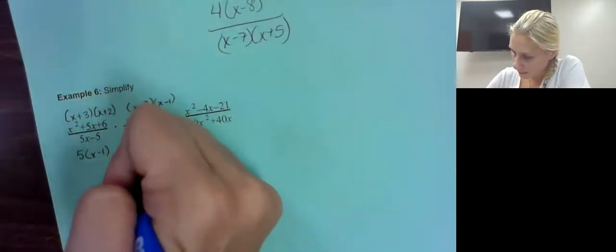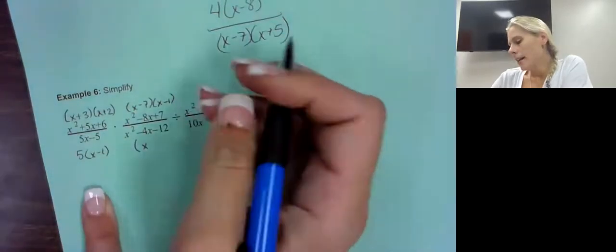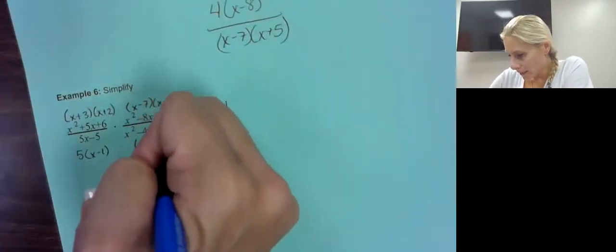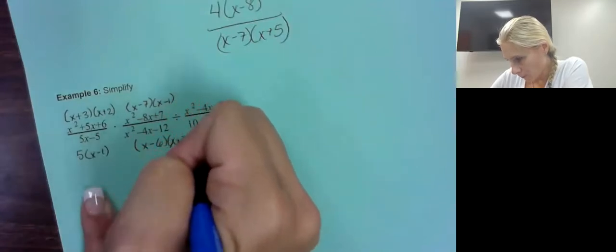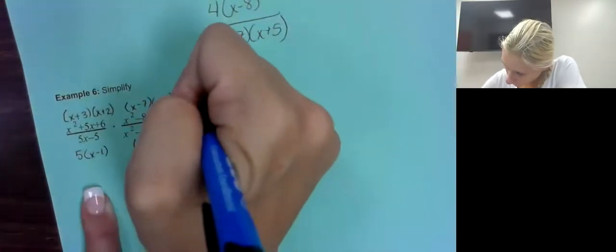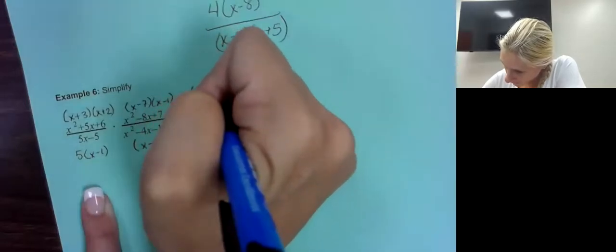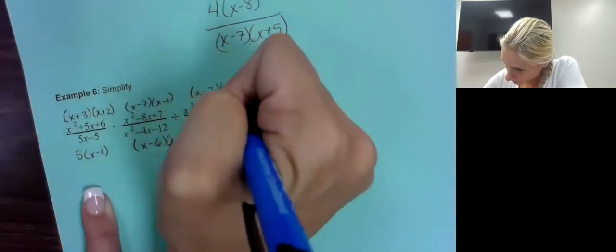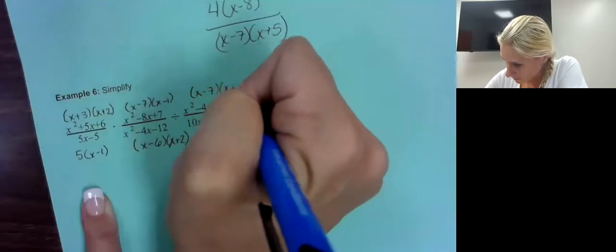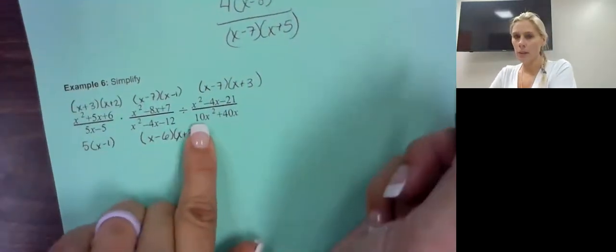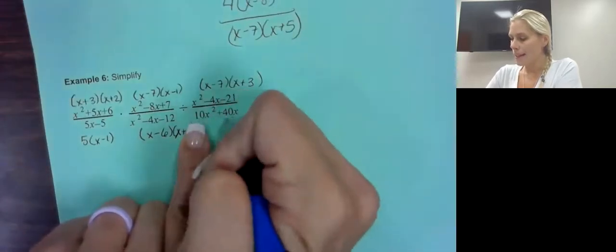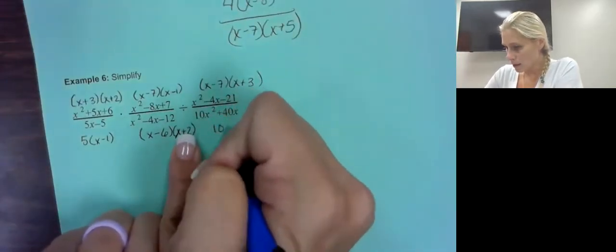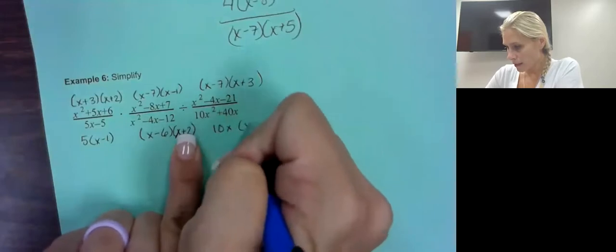Bottom we have x, let's see, that would be x minus 6 times x plus 2. Here we have x minus 7, x plus 3. And here, be careful, okay? We have a greatest common factor of 10x, leaving x plus 4.